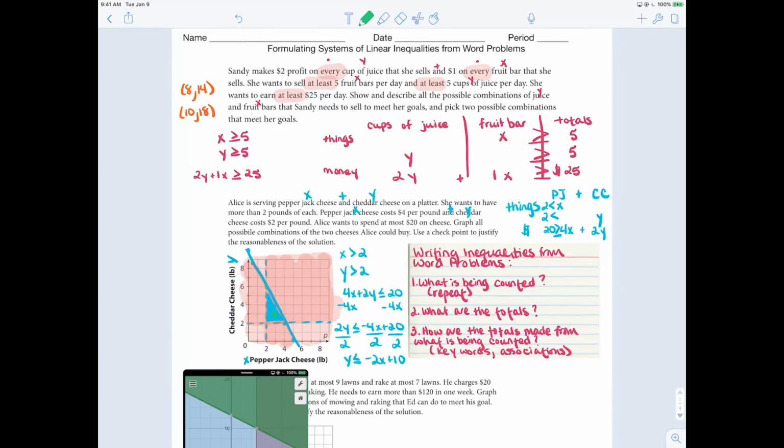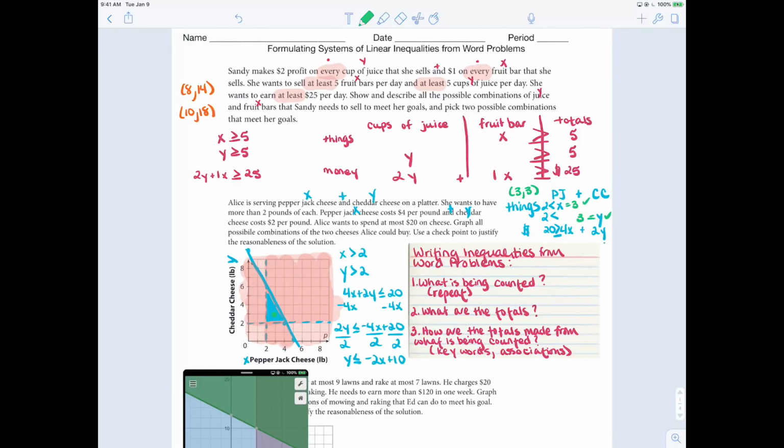So let's check that. We're checking 3 and 3. X is 3 and it is greater than 2. Y would be 3, which is also greater than 2, so that checks and that checks.